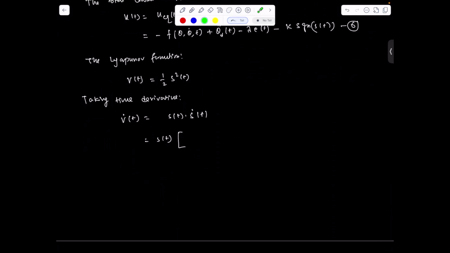So we can write f theta dot t plus u of t plus dt minus theta dz double dot t plus lambda e dot t.